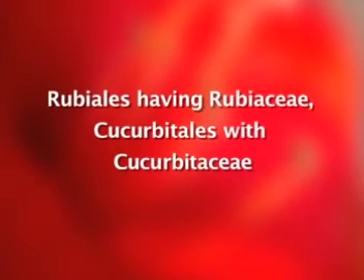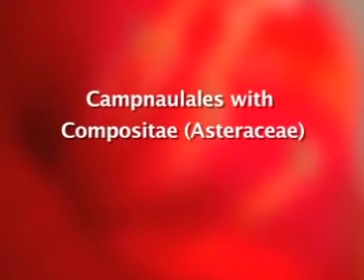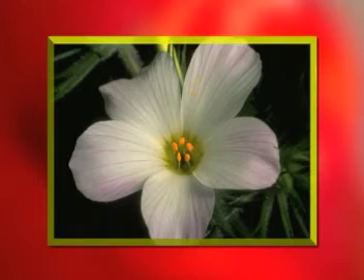The Rubiales having Rubiaceae, Cucurbitales with Cucurbitaceae and Campanulales with Compositae are placed at the end. These three orders are placed at the end as they have epigynous families. And the Cucurbitaceae, which was placed in the Polypetalae by Bentham and Hooker, is placed in Sympetalae on account of its gamopetalous corolla, overlooking its relationship with Passifloraceae.